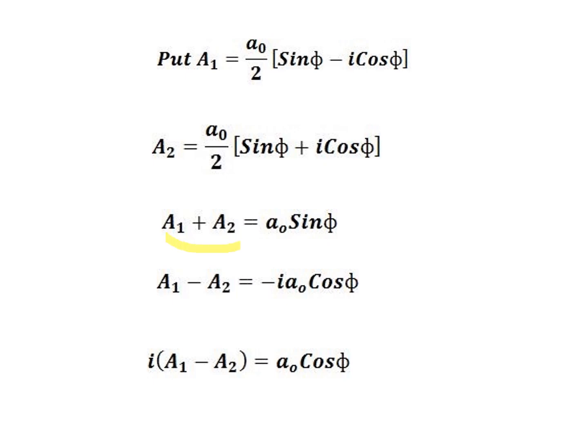So instead of a1 plus a2, we can write A0 sine phi, and for i into a1 minus a2, you have to multiply i to this equation. So i into a1 minus a2 becomes i into i, which is minus 1. Already there is a minus 1 here. So i into a1 minus a2 becomes A0 cos phi. Now you can substitute these two equations in the previous slide.